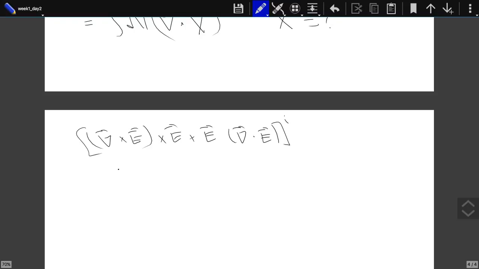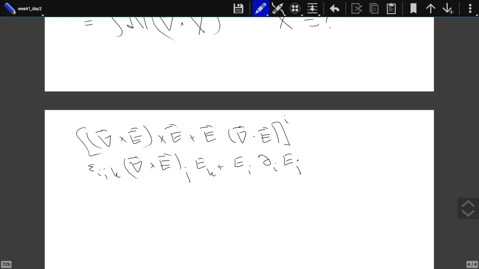So the I component of that cross product will be epsilon I j k, the curl of E, the j component, E k, plus E i. The divergence of E is nothing but the derivative with respect to x j of E j. I just wrote everything in terms of the indices.